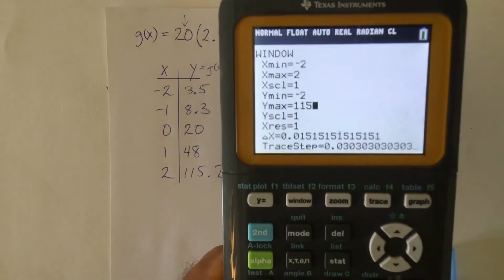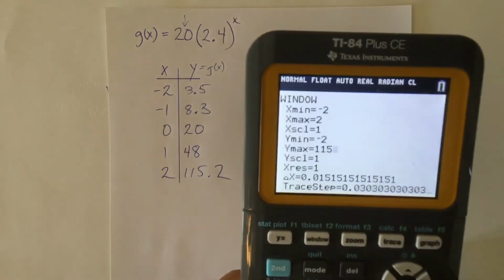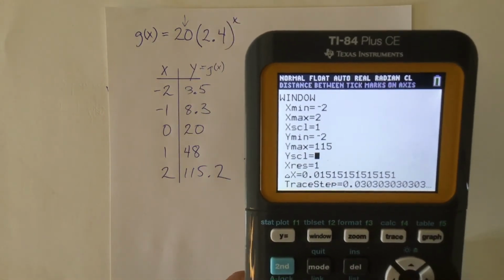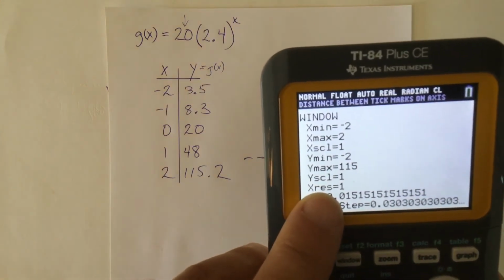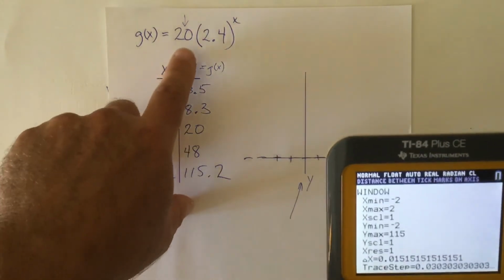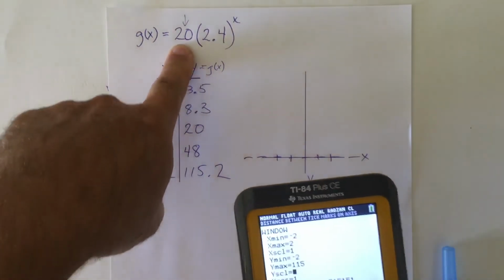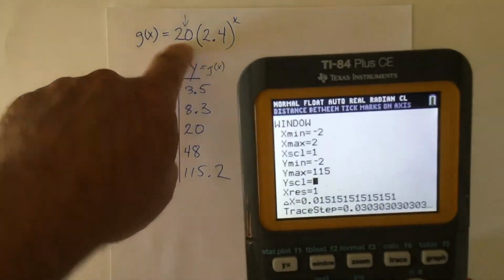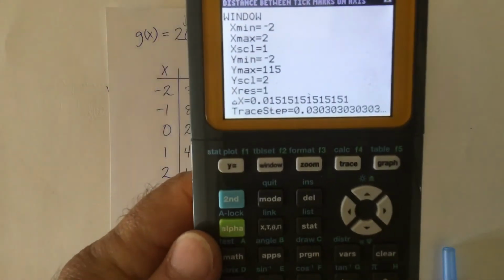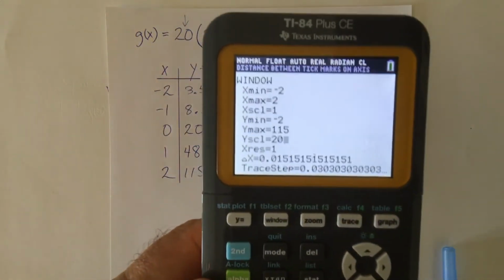That'll give me the top answer. But here's where I'm going to change things. Y scale. See, this thing is called a scalar in mathematics for a reason. I'm going to make every dash on the y-axis worth 20.